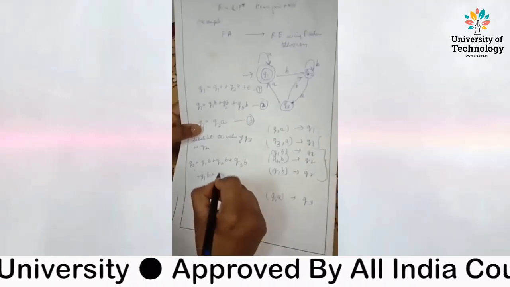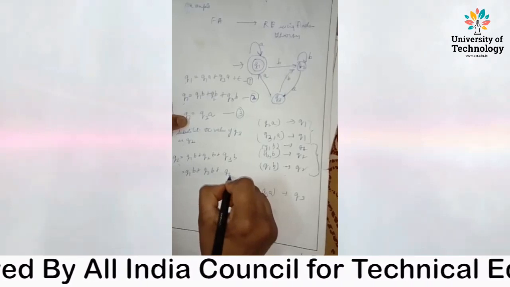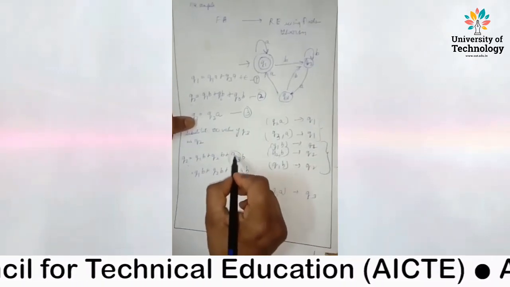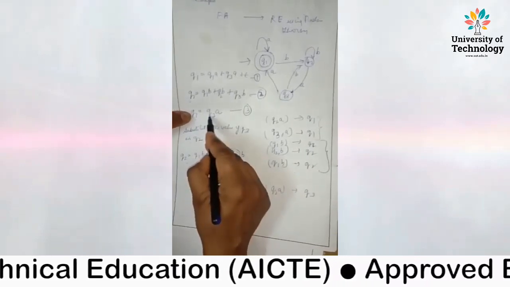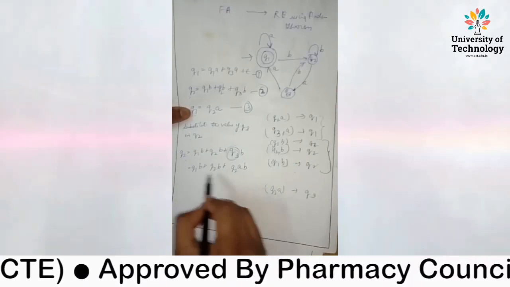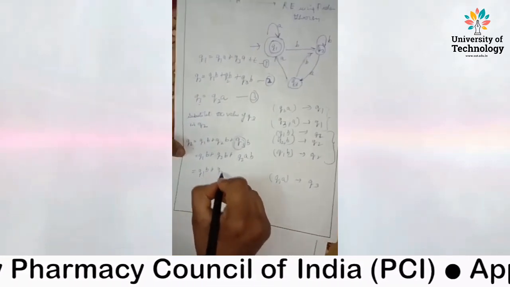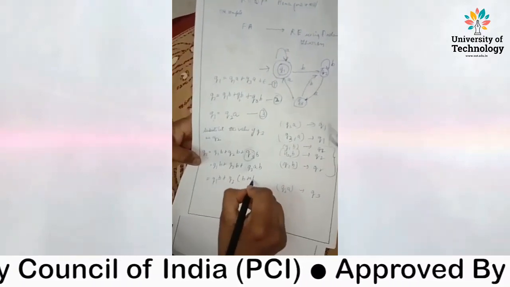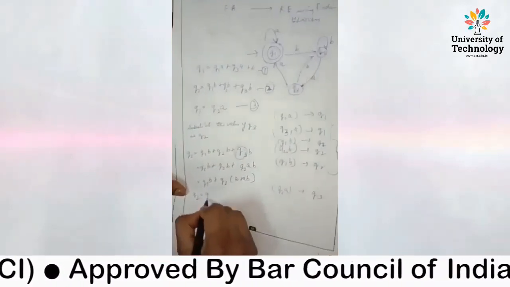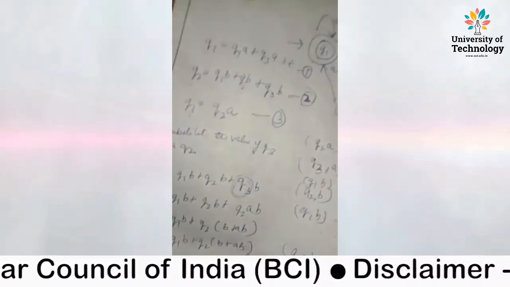Q1B plus Q2B plus, the value of Q3 is Q2A, and B. So we have substituted the value of Q3 from equation number 3 into equation number 2, right? Now it can be written as Q1B plus Q2B plus AB, right? And Q2 is equal to Q1B plus Q2B plus AB.